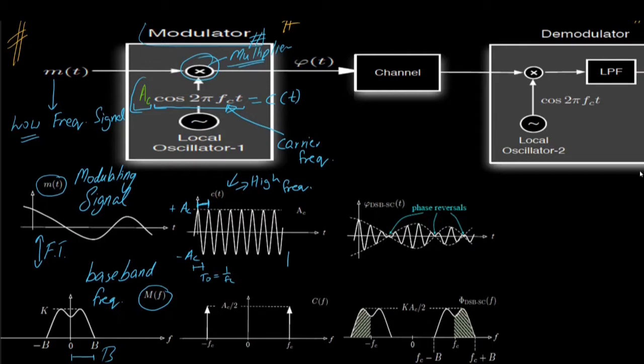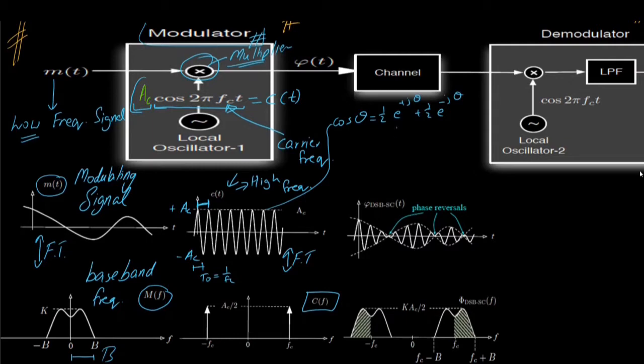Now in the frequency domain, we have C of f. We have two delta functions, because this cos function we can break down into 1 by 2 e to the power plus j theta plus 1 by 2 e to the power minus j theta.